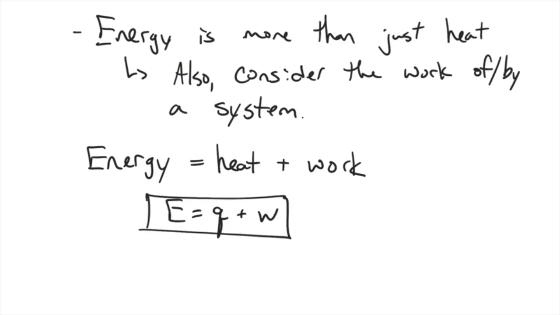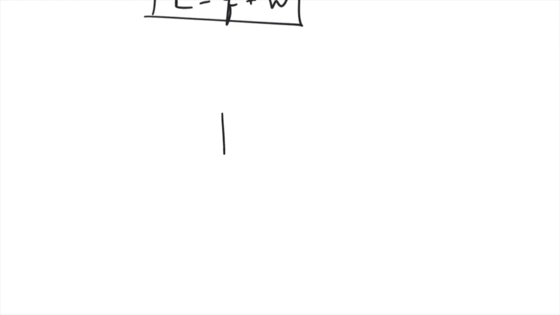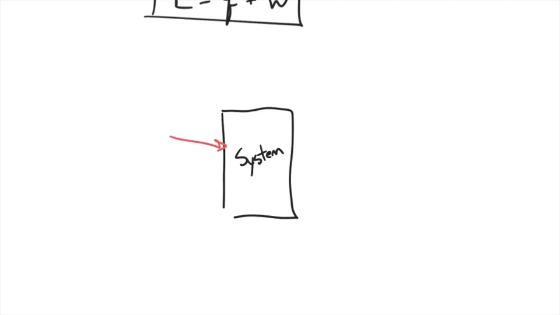Consider this drawing. If I sketch out just a cylinder, an abstract object, and I label this the system, and of course everything outside the system is the surroundings. Now if I put heat into the system, that is an endothermic situation. And if the system releases heat to the surroundings, then that is considered exothermic.